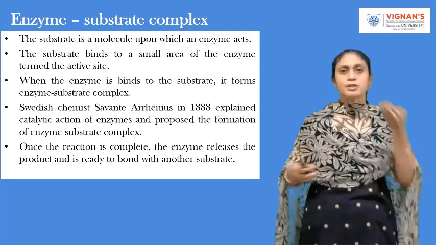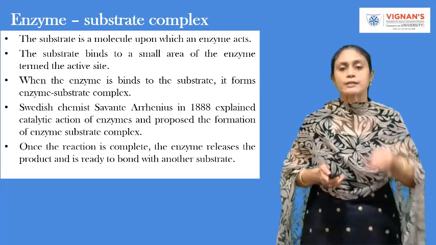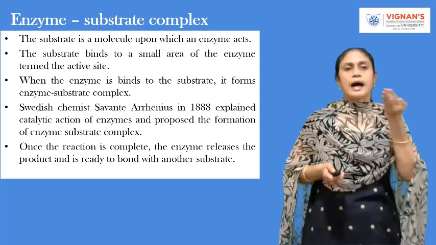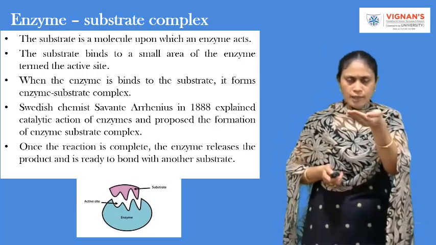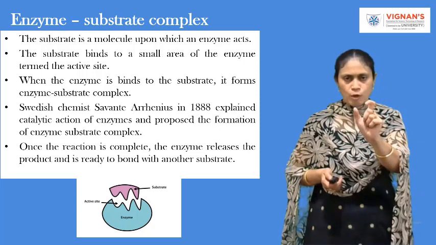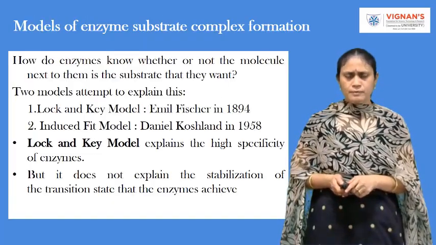Now this enzyme will change to its original orientation, regaining its original conformation, and is ready to bind with another substrate molecule. Just see this figure. You can observe an enzyme and a specific site on the enzyme called the active site, to which the substrate is coming and binding.